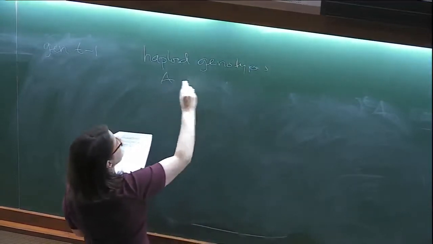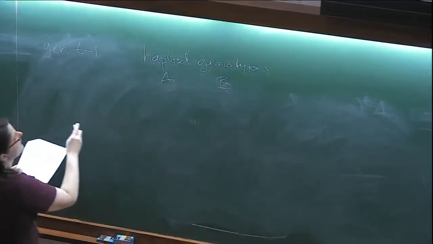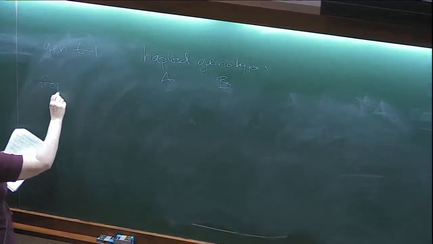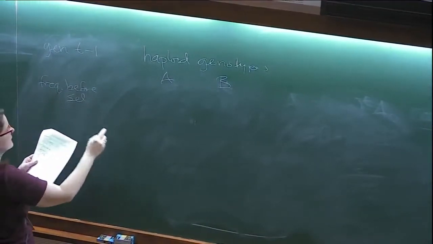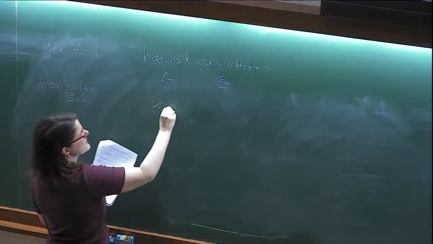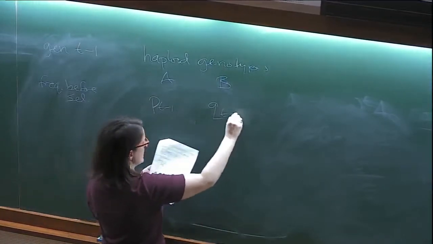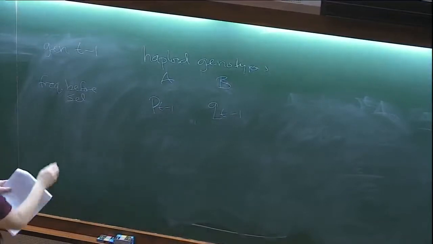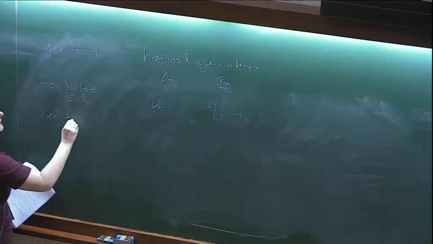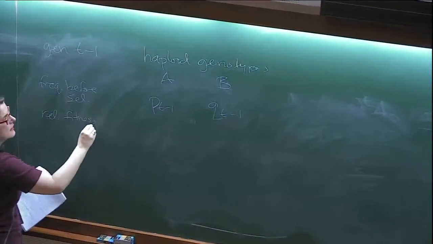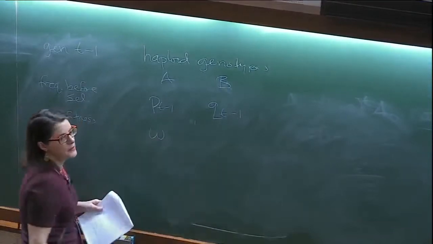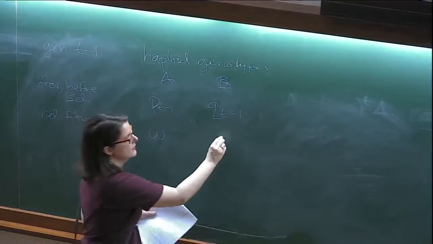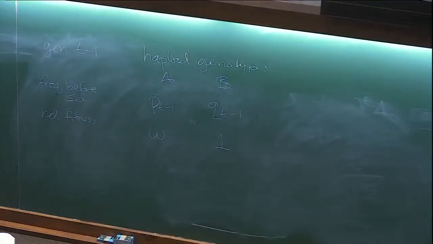Call them A and B. Their frequencies before selection, we'll call them P of T minus 1 and Q of T minus 1. And their relative fitnesses we'll define the way we just did. The relative fitness of A to B is W, and the relative fitness of B to itself is 1. We're using B as our reference in this case.